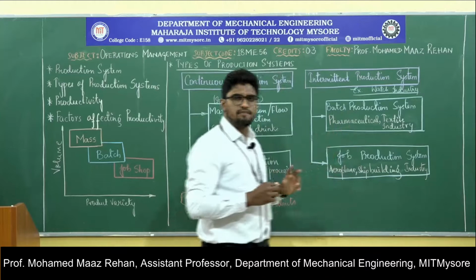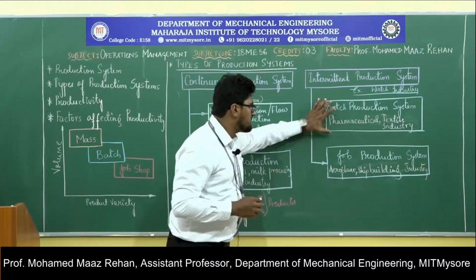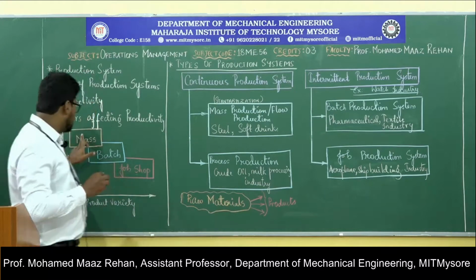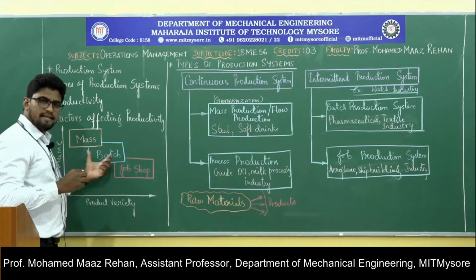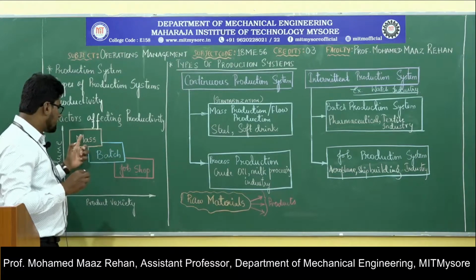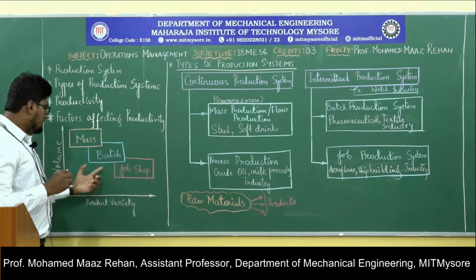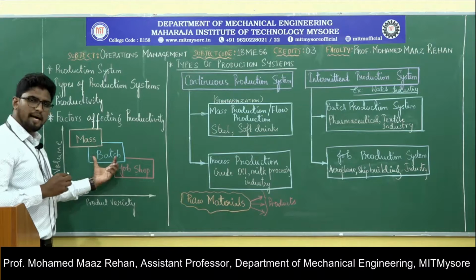This batch production system lies somewhere between job shop and mass production. In mass production, the volume is high and the product variety is low, whereas batch production lies between mass production and job shop, so the product variety is mid-level.